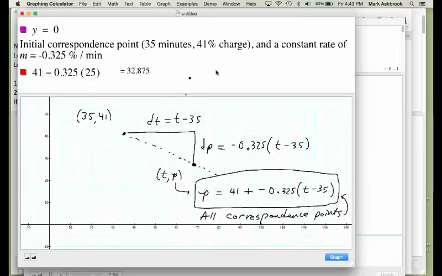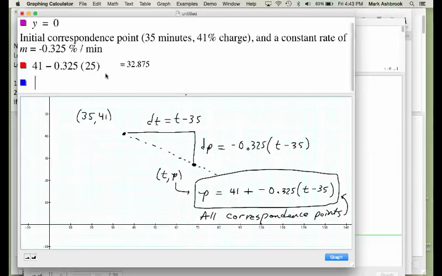So if I come over here and make a new command line, well, let's define the function. So we're going to define the function P, and we don't want to use lowercase t, so I'll just use uppercase T, equals 41 minus 0.325 times t minus 35, and if I hit graph, it should graph it.